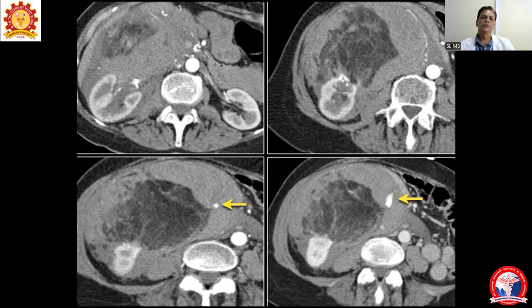The second point is that angiomyolipomas more than 4 centimeters are electively operated on, embolized, or given treatment because they may bleed further. So embolization is done and the risk of bleeding is minimized or reduced.